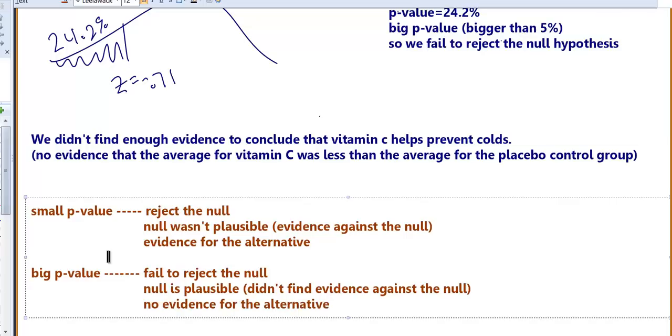Now, some people don't like it when I say no evidence because it is all a sliding scale. And so 24% is not enough evidence, 23% is not enough evidence. By the time I get to 6%, we still have not enough evidence. But as soon as I get less than 5%, then we say we have evidence. So no evidence for the alternative or not enough evidence for the alternative. So once again, small p-value means we have evidence for the alternative. Big p-value is not enough evidence for the alternative.